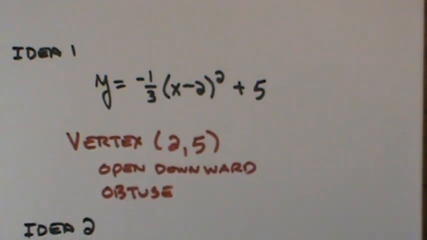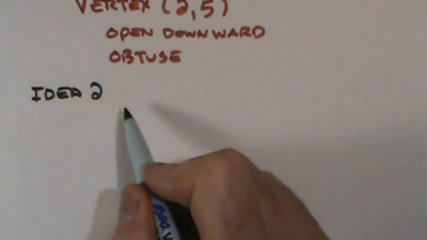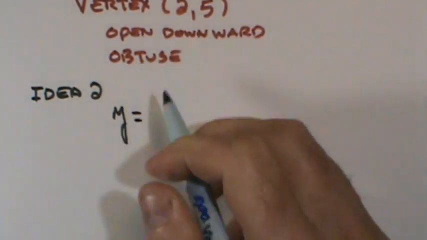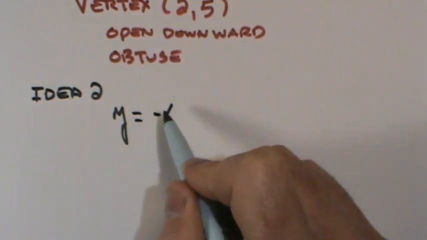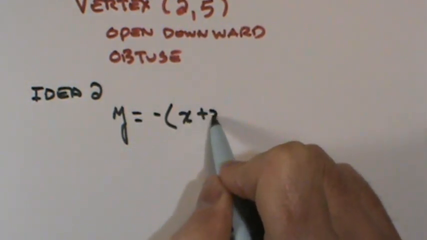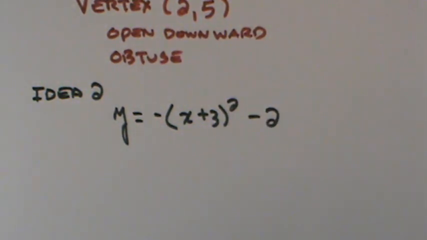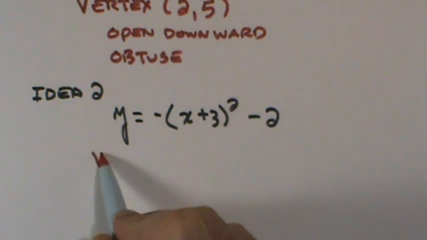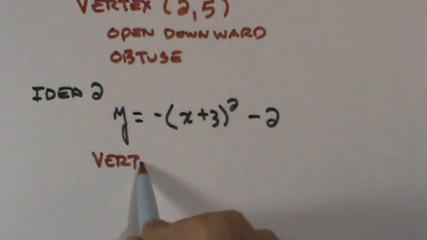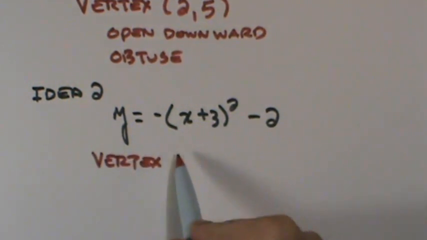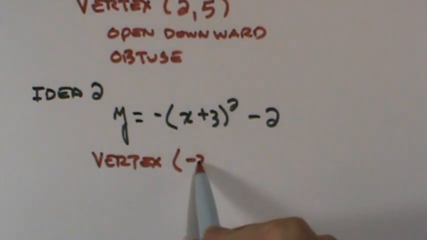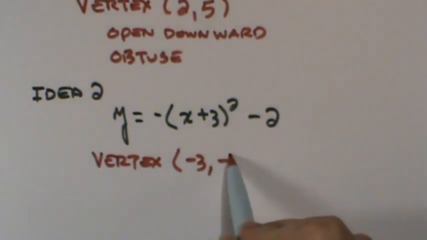Idea 2. We'll say y is equal to negative x plus 3 quantity squared minus 2. From this parabola, I can extract a vertex. The vertex would be negative 3, comma, negative 2.